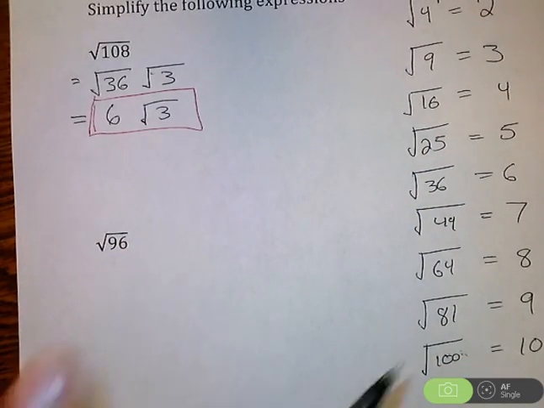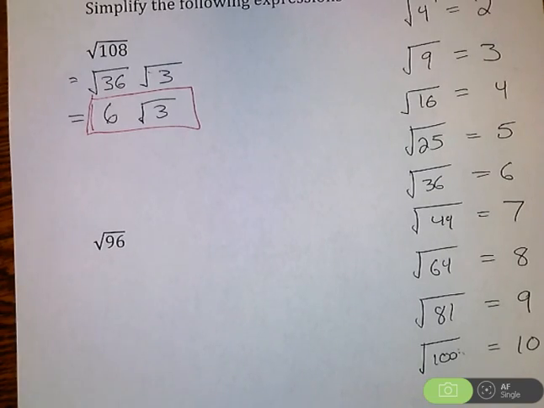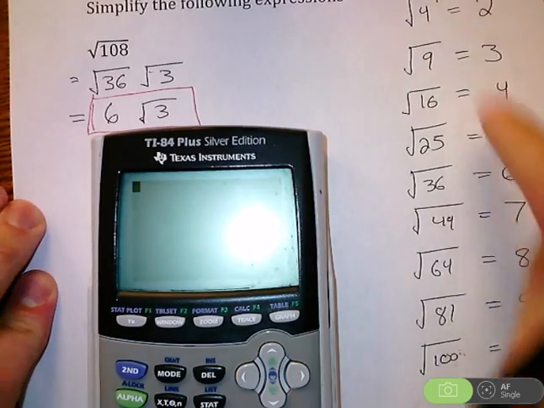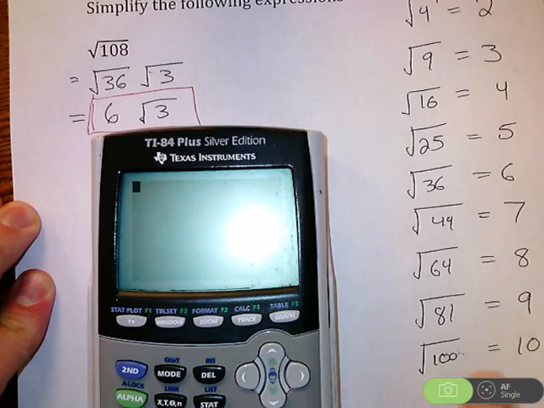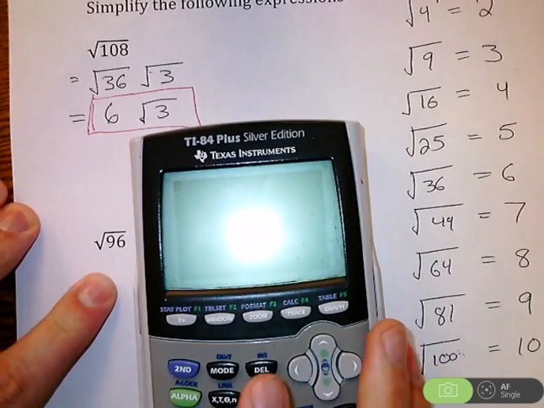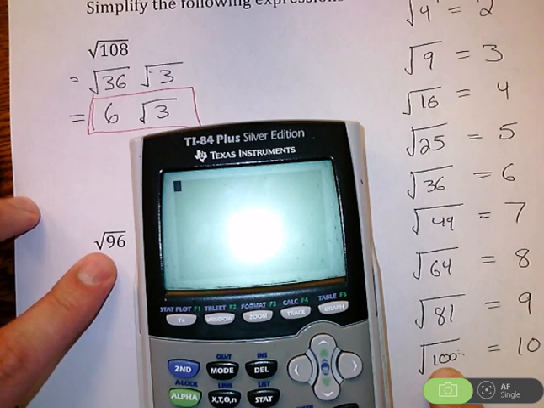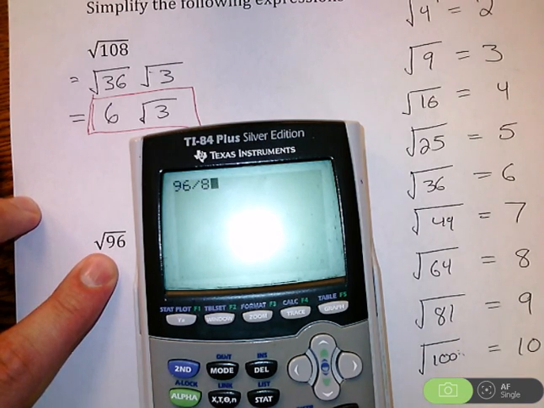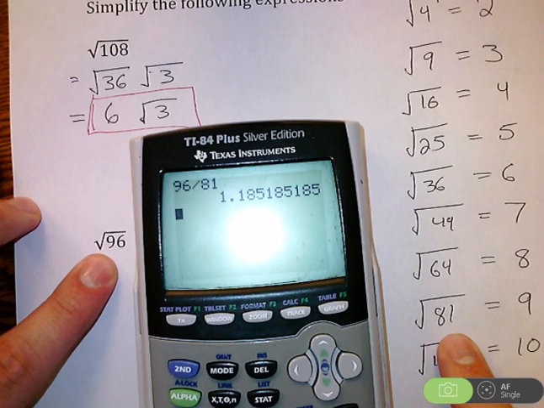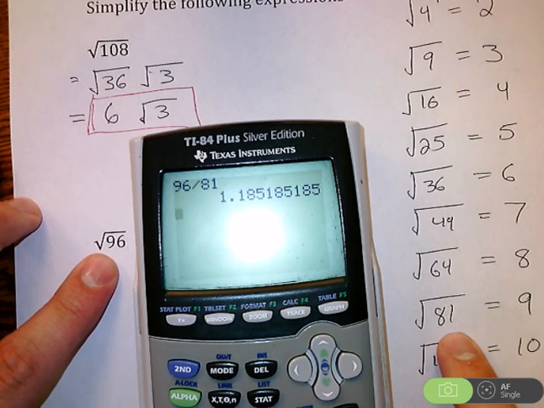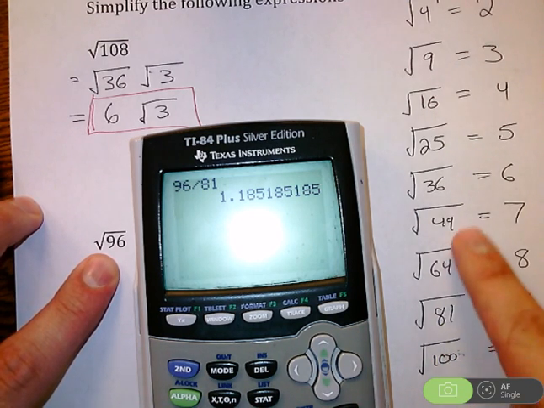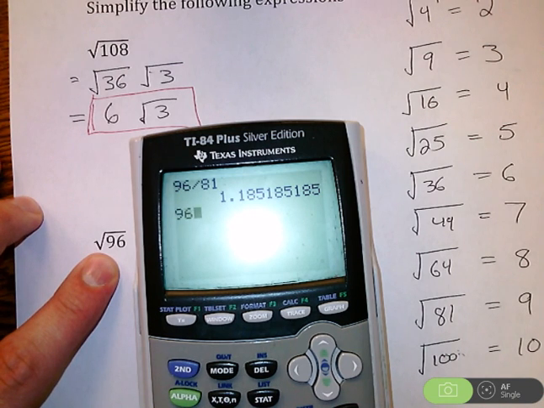So I'm going to do one more example here, square root of 96. What you want to do is go through this list, start with the large numbers, and work your way down. If it's 96, I don't need to start with 100. 100 is bigger than 96, so I'm going to start with 81. 96 divided by 81 doesn't work. The more problems you do, you'll know what numbers to skip because you just know they won't work.